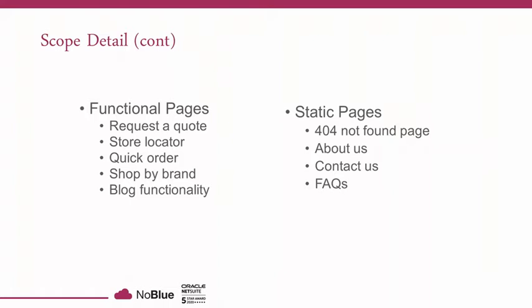The store locator, so this is useful for stores that have different retail or warehouse stores, and they need to let the customer know where they can find the stores. Quick order, if the customer already knows the SKU that they are buying, then they can quickly type in the SKU and add it directly to cart.